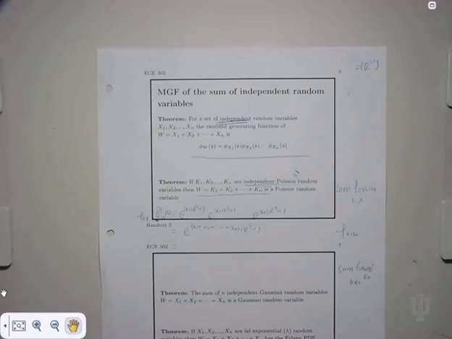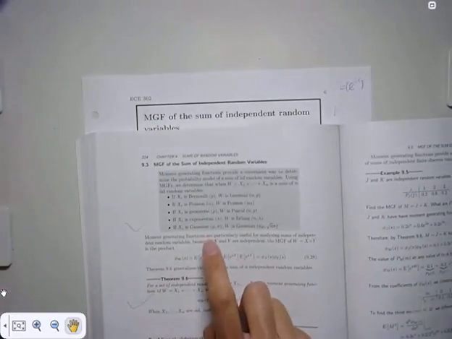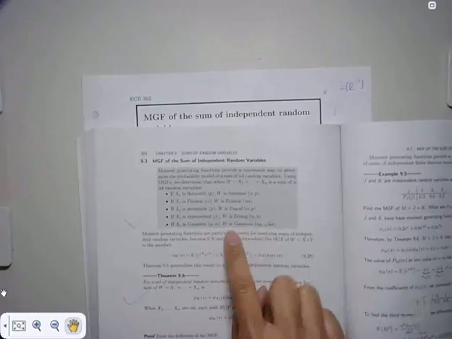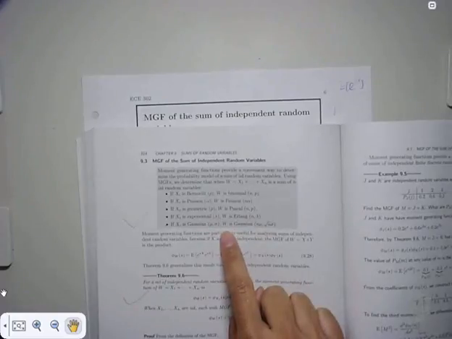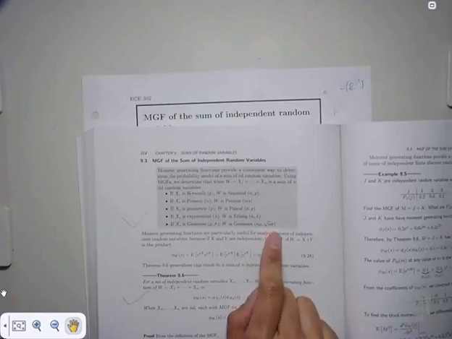Actually, the Gaussian has a nice form too. I'll just basically introduce this. For independent Gaussian random variables, the sum is also a Gaussian, but with mean value n times mu and standard deviation square root of n times sigma.